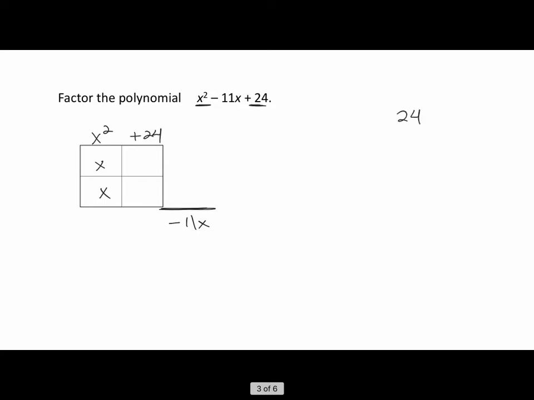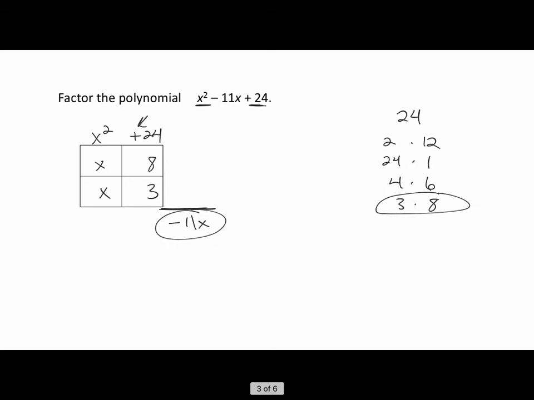But 24 has lots of different factors, 2 times 12, 24 times 1, 4 times 6, and 8 times 3. So which factors do you think are going to add up to 11? Possibly the 8 and the 3, so let's check that out.